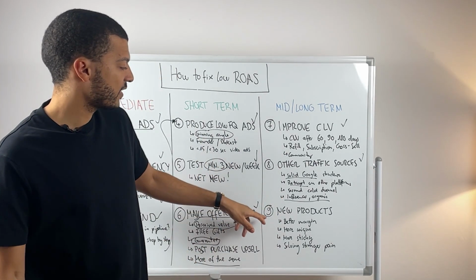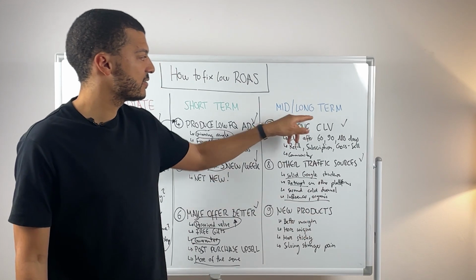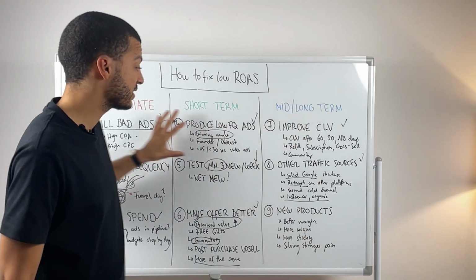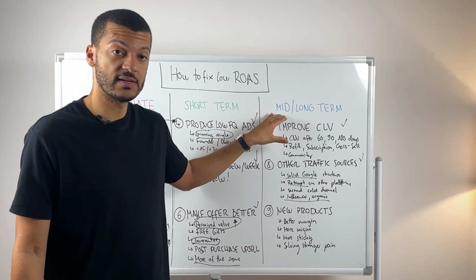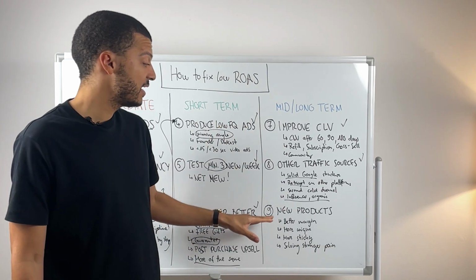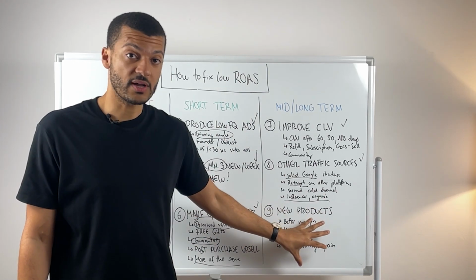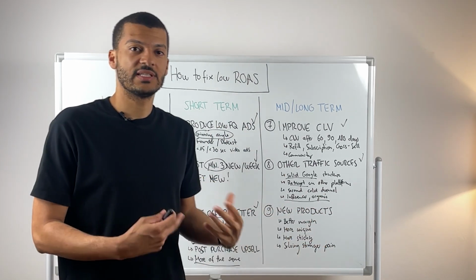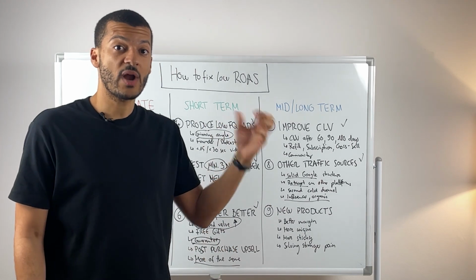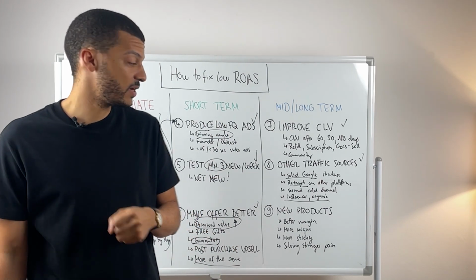So then it's very wise, speaking of long term, to invest parts of whatever profits you make here into finding new products, not only for your existing customers, but also to attract new customers, right?